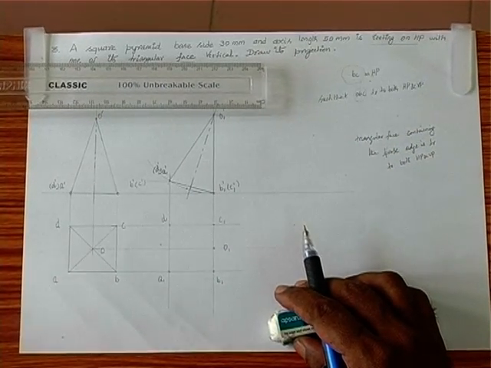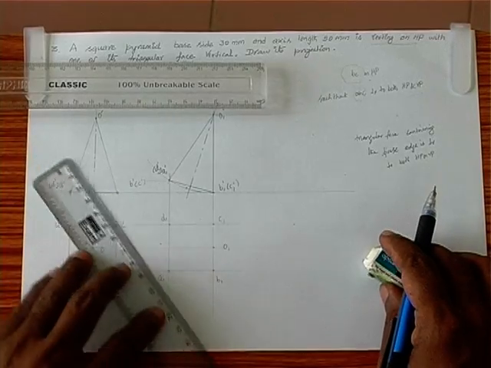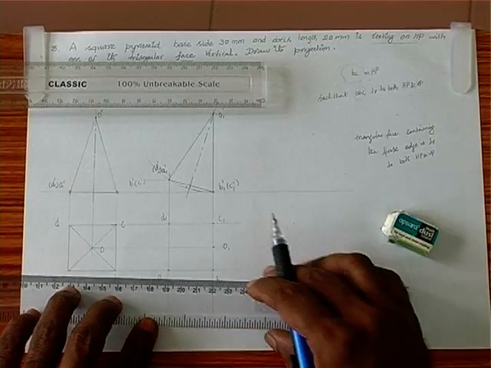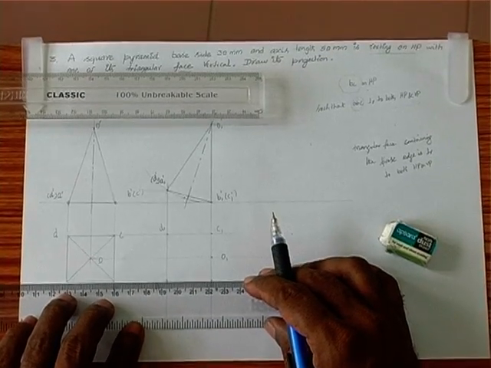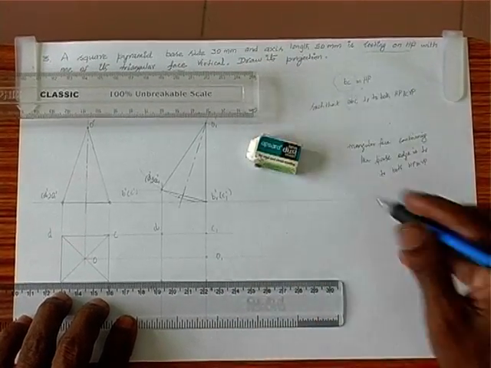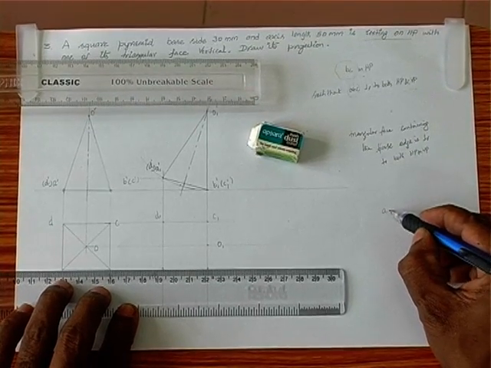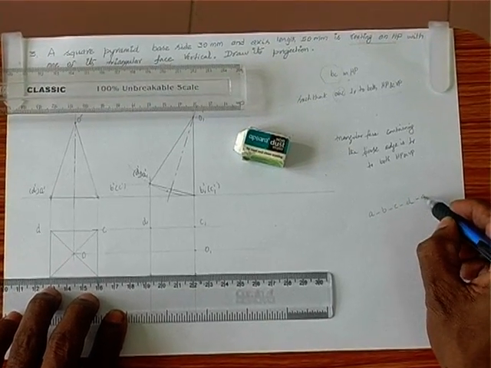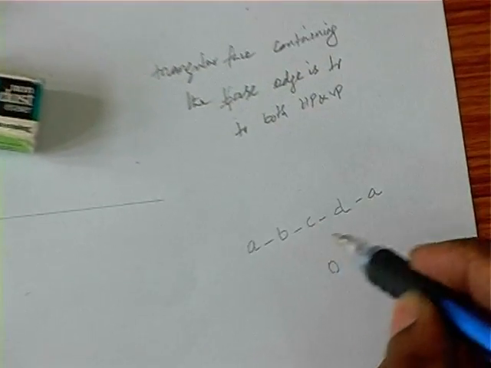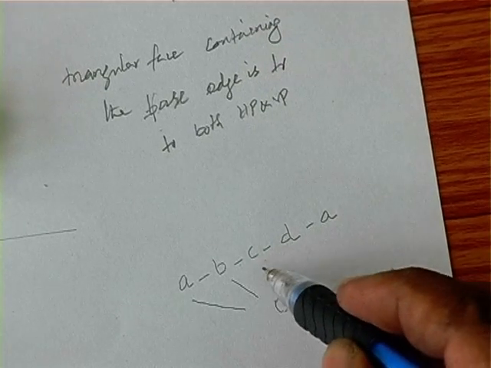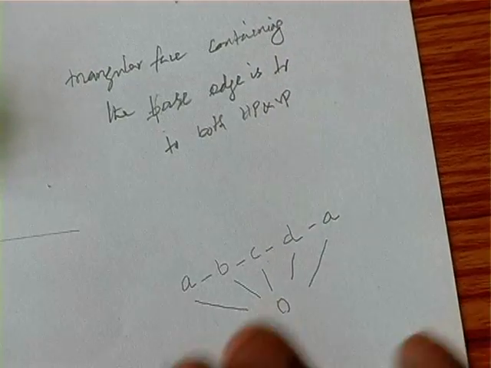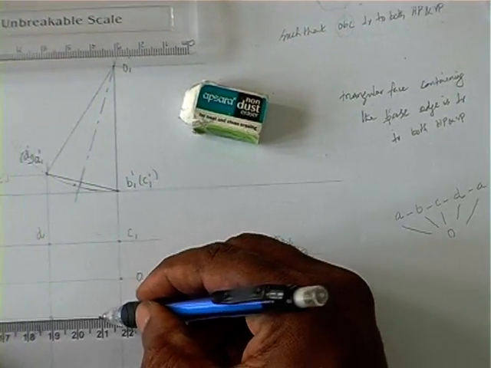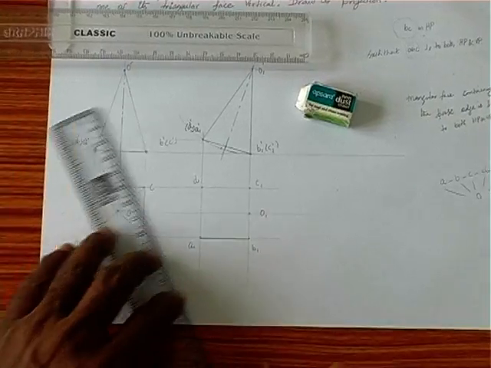So here is OD, we make it dark. Before that we can have the outer edges. We can just draw the skeleton. The skeleton for a square pyramid goes like this. We start with A to B, B to C, C to D, D to A. The common point is O. So OA, OB, OC, OD. This is the skeleton. So therefore we have here AB, outer edge.